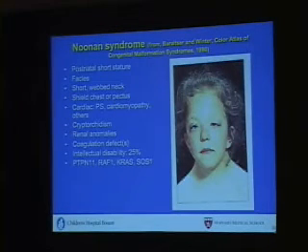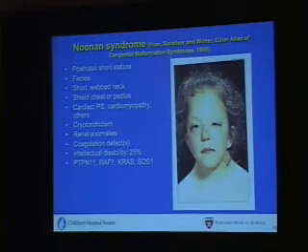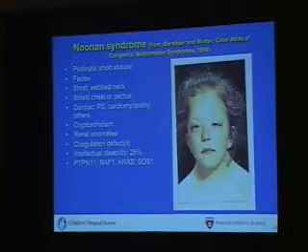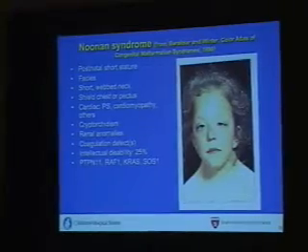Noonan syndrome is interesting. I did this survey of all the geneticists in my group before I came here, saying, what do you think of when you look at a short child? And one of the most senior geneticists that works with me, who I think is the best dysmorphologist that I've met, said, I always do Noonan testing now. If I don't know what they have, and they're short, and their chest is a little broad, and their ear is a little off.